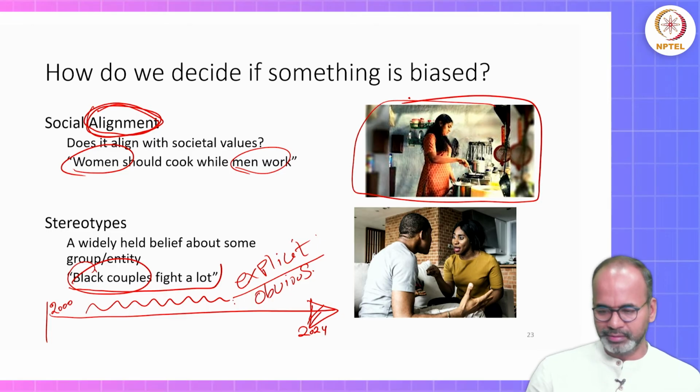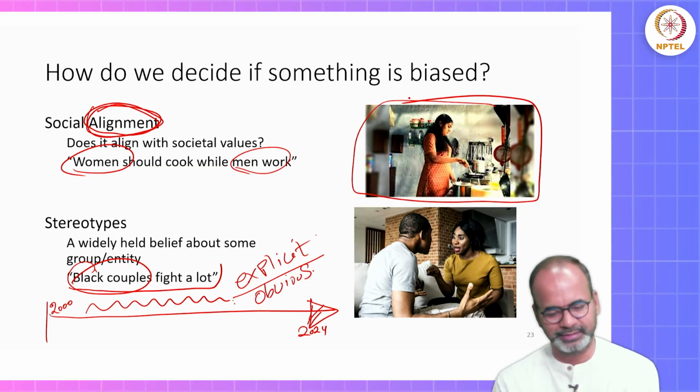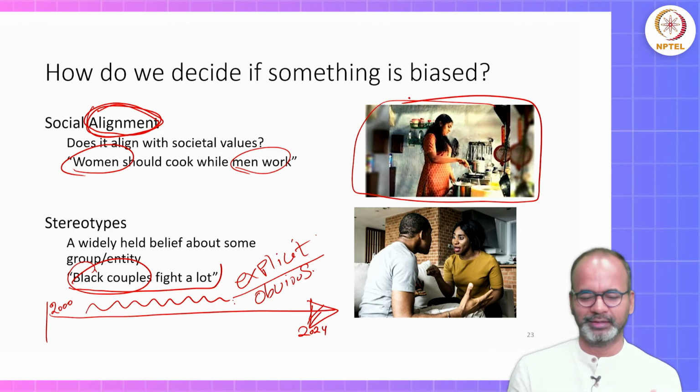And then the broader question, which is why people like me are very excited about this, is how do we decide if something is biased? I actually keep asking these kinds of questions to my students also in terms of the work that we do. Is this biased? Sometimes it's not clear what is biased. It depends on who's looking at it, I guess.